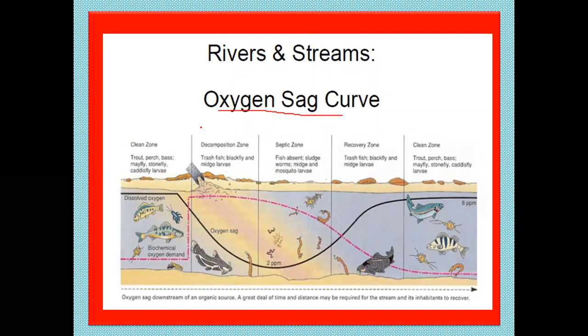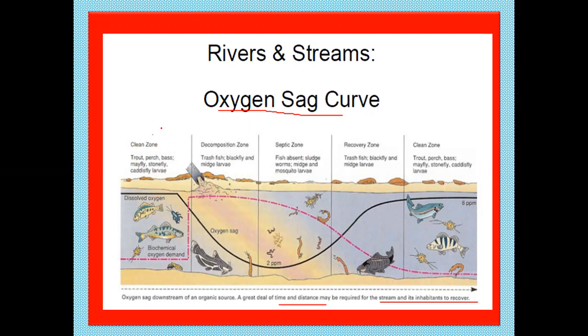The oxygen sag curve in an organic source is a great ideal for the time and distance that may be required for a stream and anaerobic. So oxygen sag means where the oxygen is reducing. If you see this picture, it is divided into 5 stages.